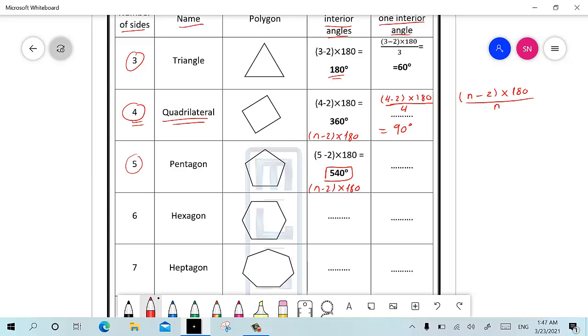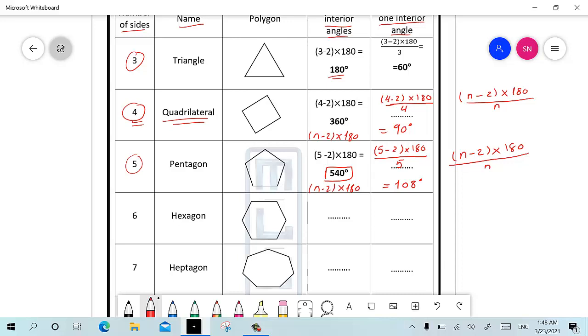To find one interior angle, again I am going to use the rule n minus 2 times 180 divided by n. This is 5 minus 2 times 180 all divided by 5, and this is going to give me 108 degrees.